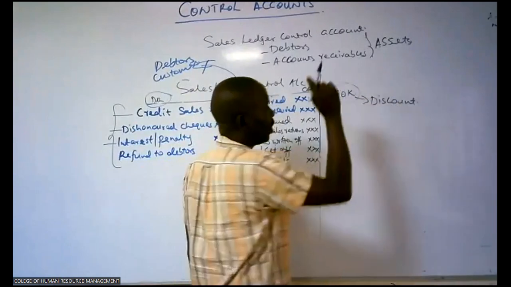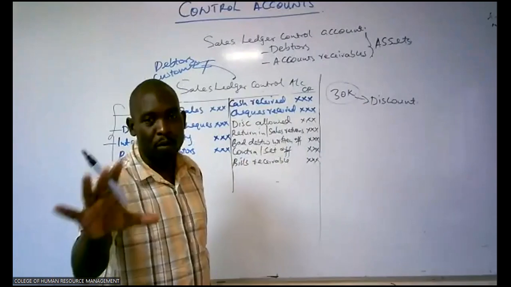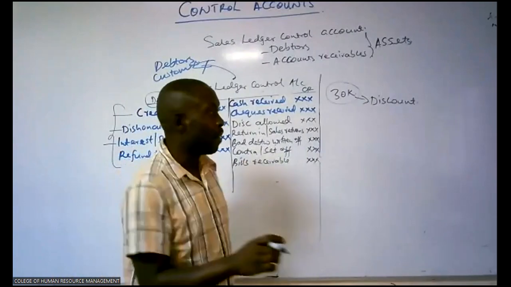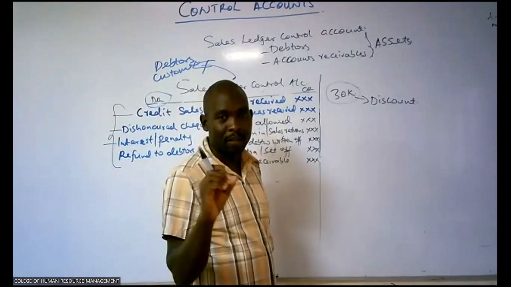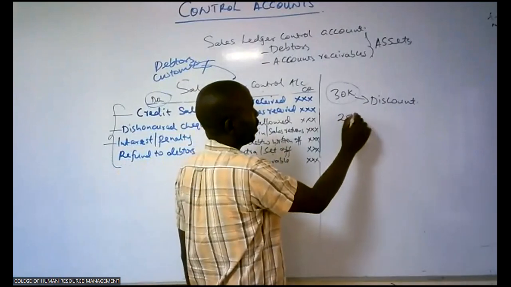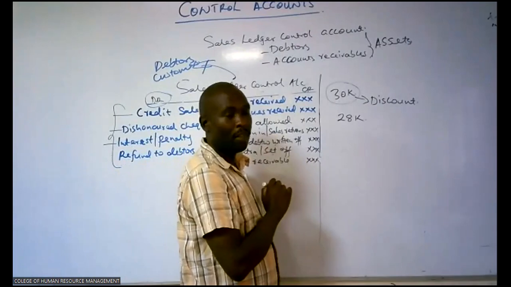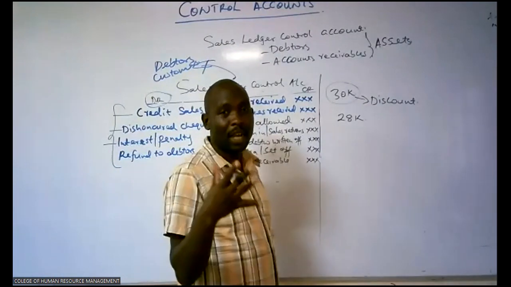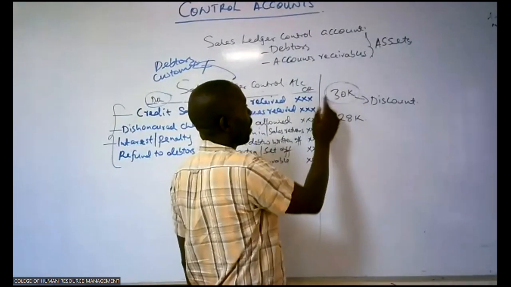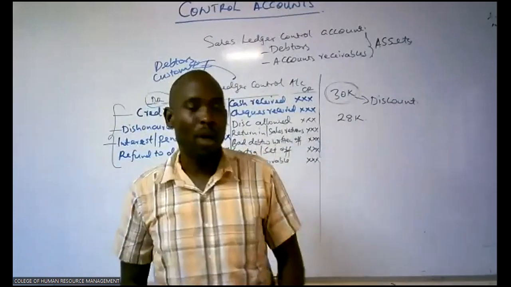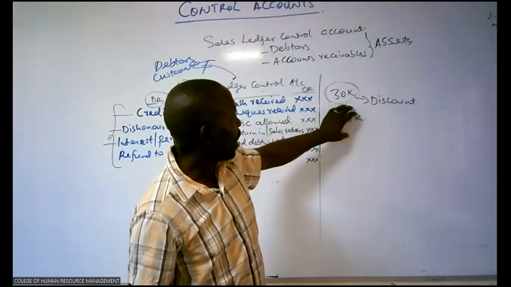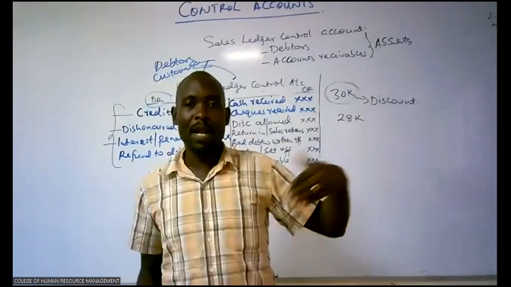The bank will give you the money, but not the full 30K. Maybe it is going to give you 28K. Then, when that day comes, I'm going to pay the bank this 30K. So the 2,000 is like an interest the bank has charged you, because you are in need of money now.